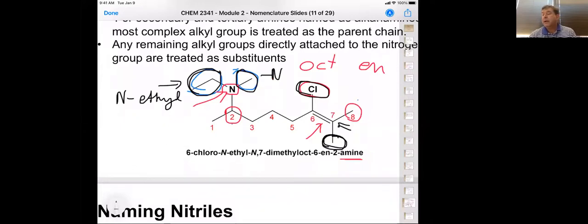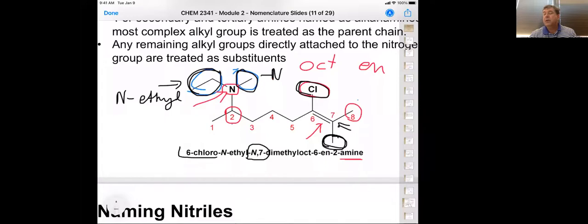So the way we do that is we put a hyphen, N, comma, 7, hyphen, dimethyl. That's where that's coming from. Chloro comes before ethyl, which comes before methyl, so we start with our 6-chloro.